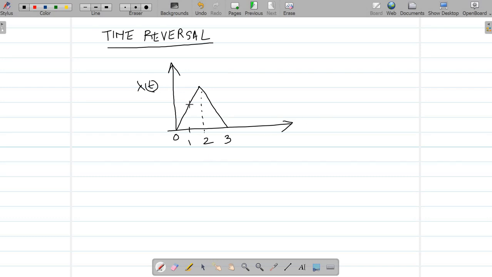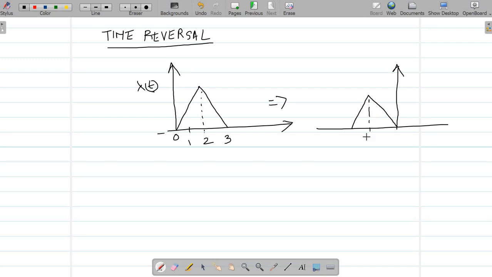So time reversal is, we consider the y-axis as a mirror and try to do a mirror mapping along the y-axis. When we do a time reversal, after the operation is done, we get the following signal. It will be something like this.